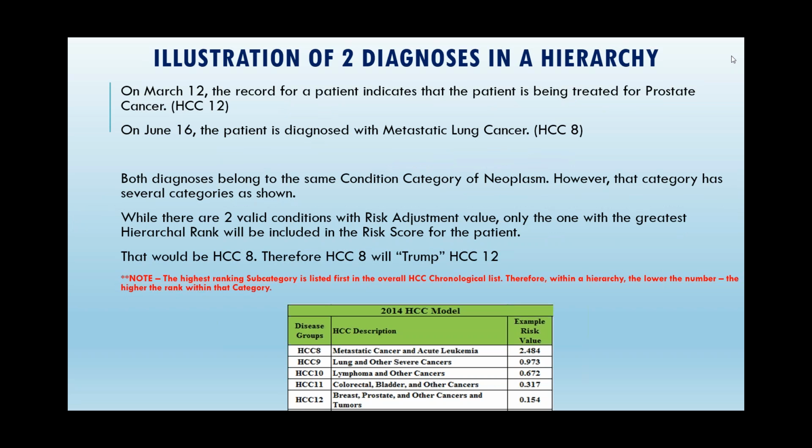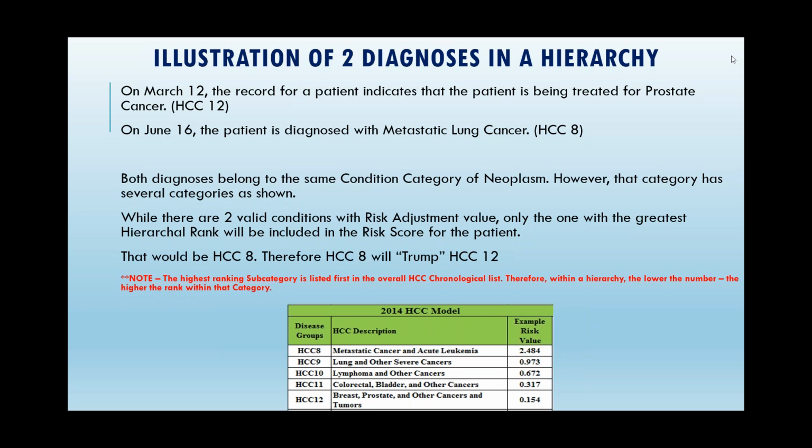However, that category has several subcategories as shown. While there are 2 valid conditions with risk adjustment value, only the one with the greatest hierarchical rank will be included in the risk score for the patient. That would be HCC 8. Therefore, HCC 8 will trump HCC 12.